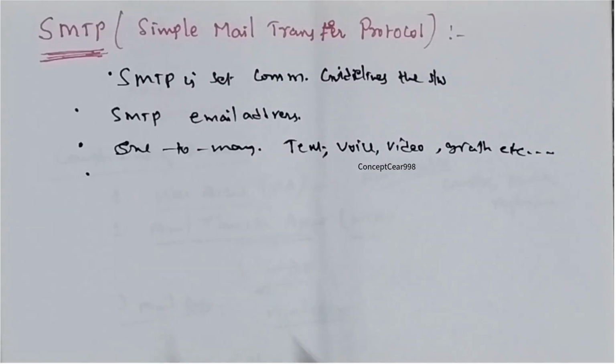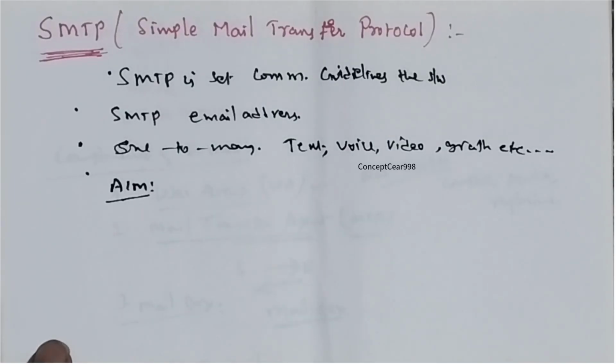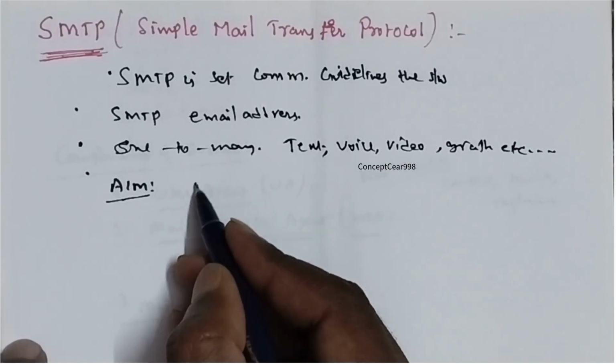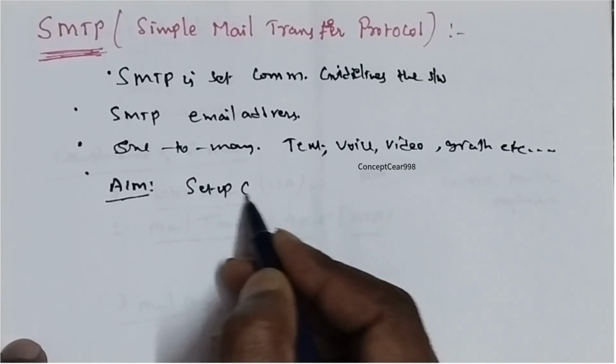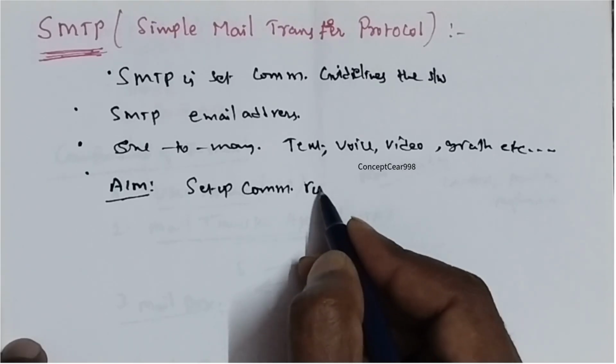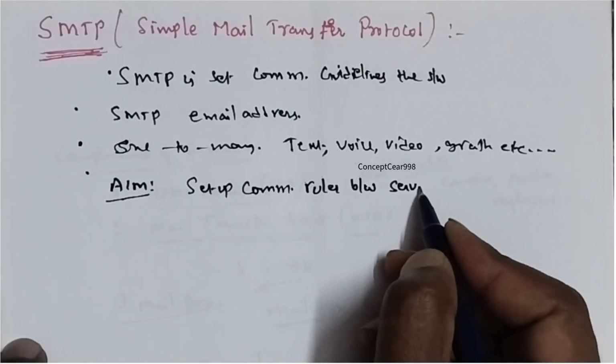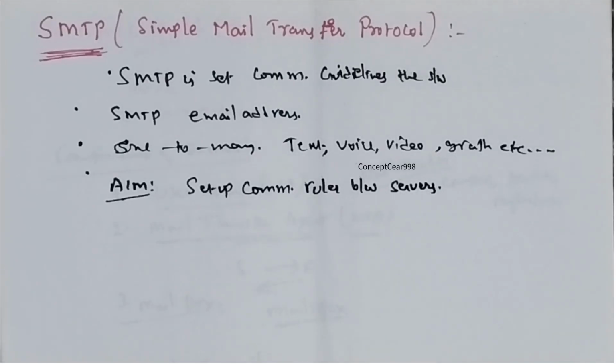The main aim of SMTP is to set up the communication rules between the servers. The servers have a way of identifying themselves and announcing what kind of communication they are trying to perform.